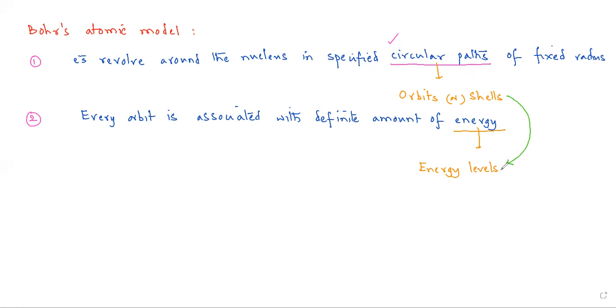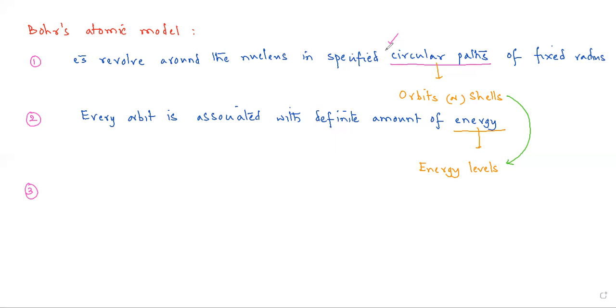As long as electrons revolve in these orbits, their energy remains constant. This is the most important proposal made by Bohr, which Rutherford failed in explaining: why electrons are not losing energy and not spiraling down into the nucleus.